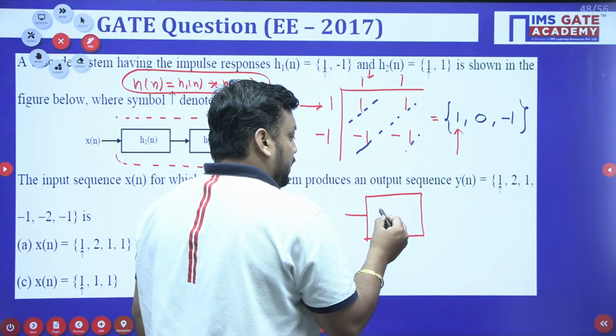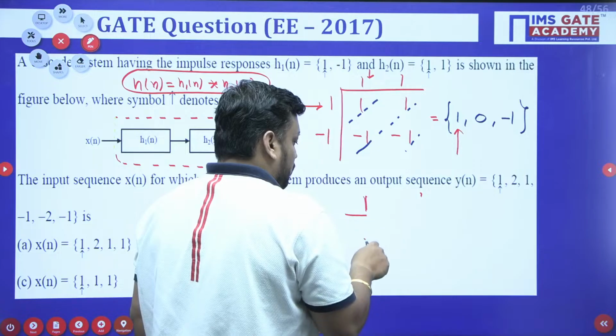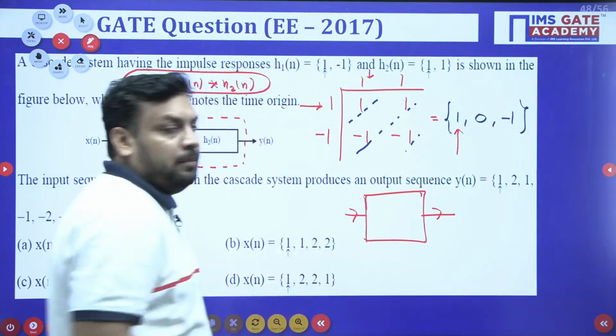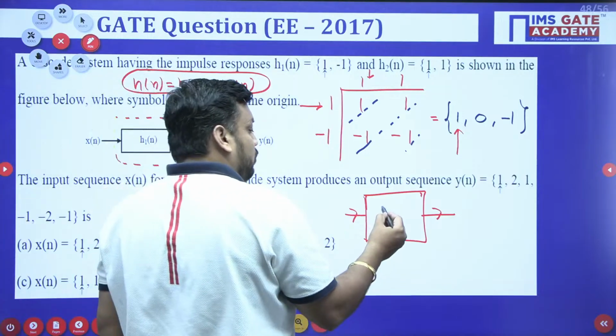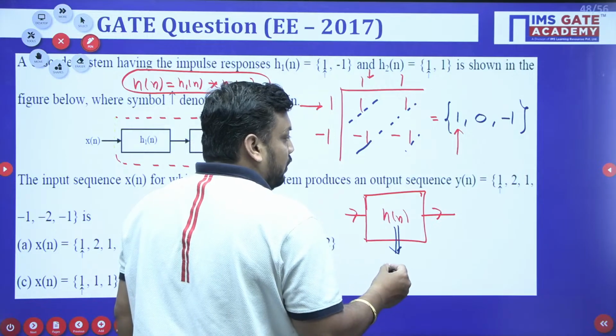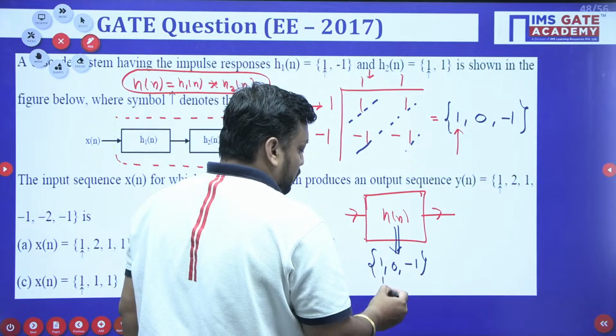Can I take input help or not? After this stage, already 60% of the question is solved. What is the h of n we have calculated? H of n is 1, 0, minus 1, with the arrow.